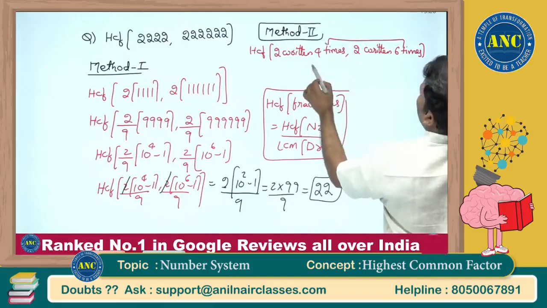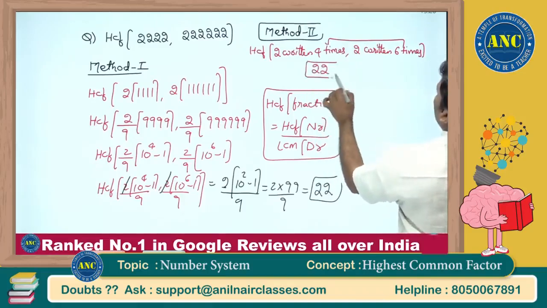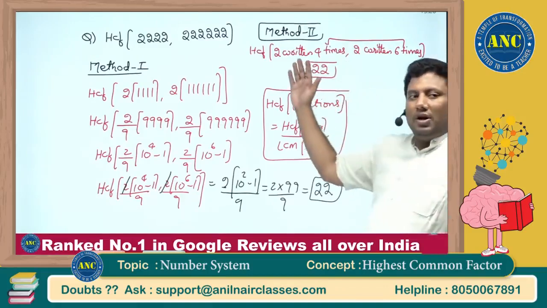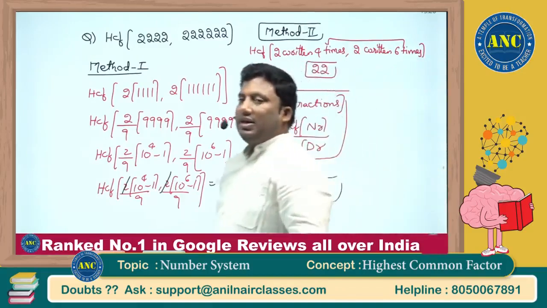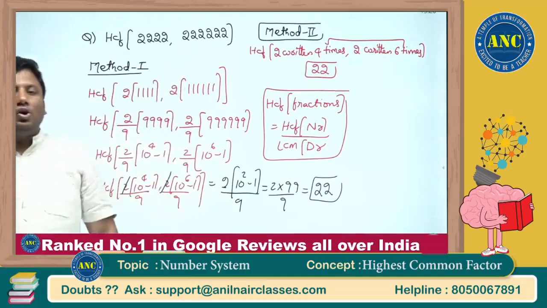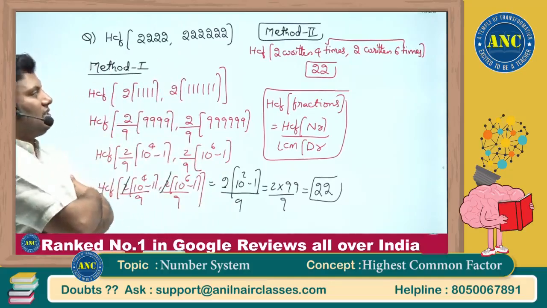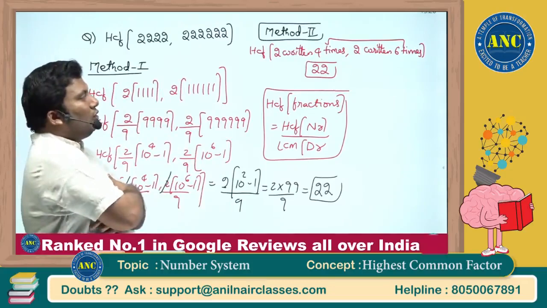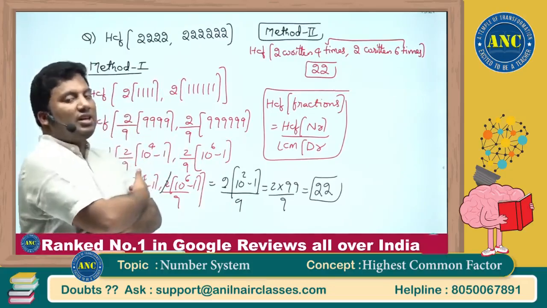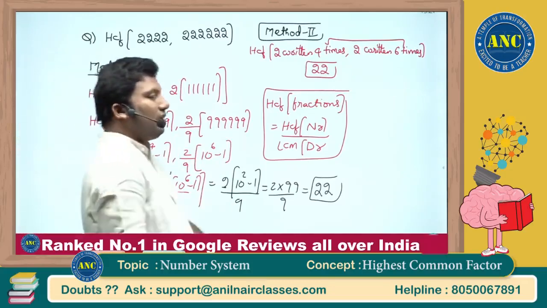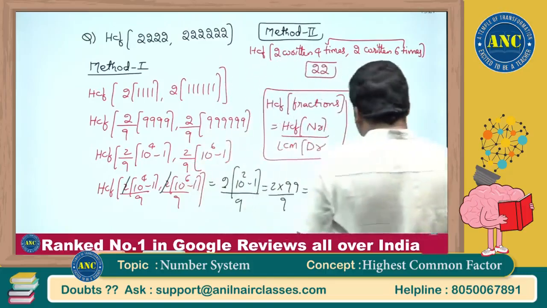Take the HCF of 4 times and 6 times, which is 2 times. The answer will be 2 written 2 times. This is the proof to get the answer. I hope the idea is clear.